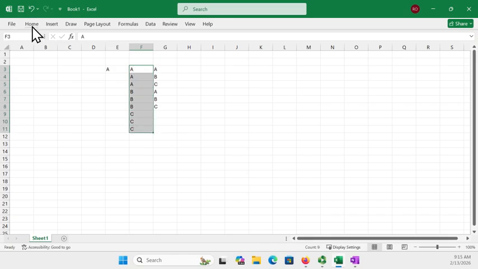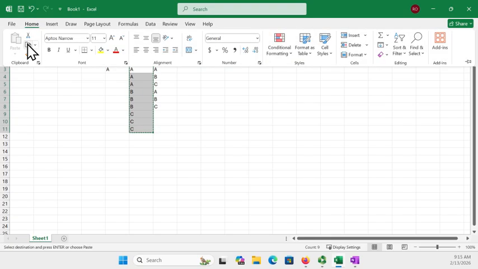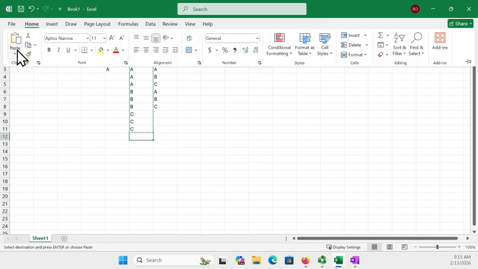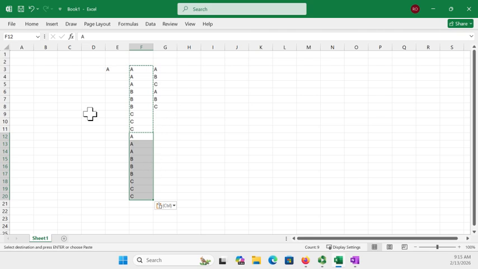Copy that and then paste it in there. Then go to the A, B, and C. We need more of those.